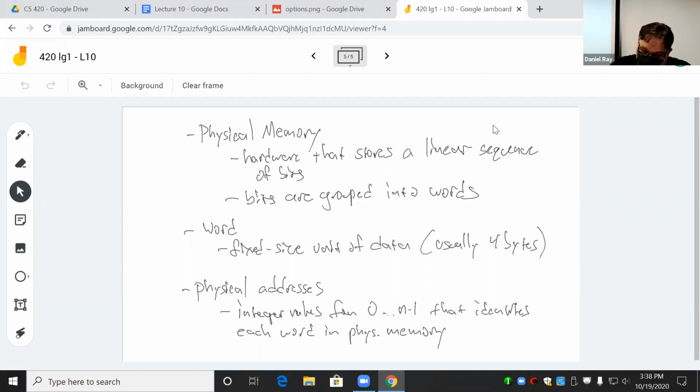If n, the number of words in your system, equals 2 to the k, then k is the number of bits required to address each one of those. So this might be 8 bits long, in which case you have 2 to the 8 total address locations in your physical memory. Any questions about that?